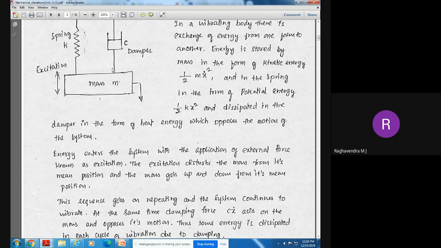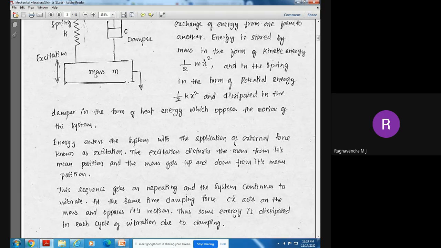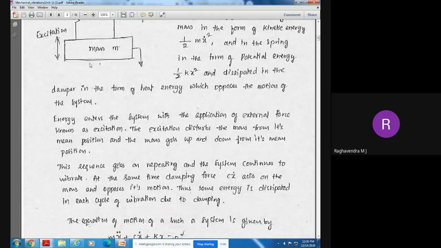The damping force is given by C x dot, where x dot is the velocity and C is the damping constant. Some energy is dissipated in each cycle of vibration due to damping.